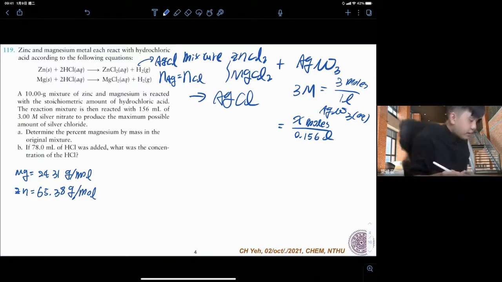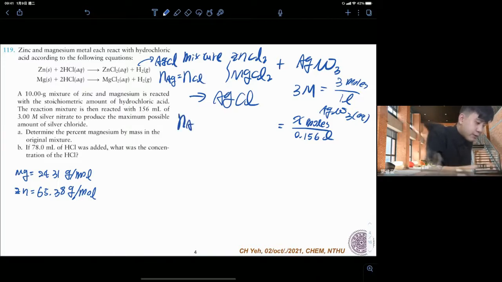Based on the stoichiometry, the number of moles of silver will be the same as chlorine. And let's see.